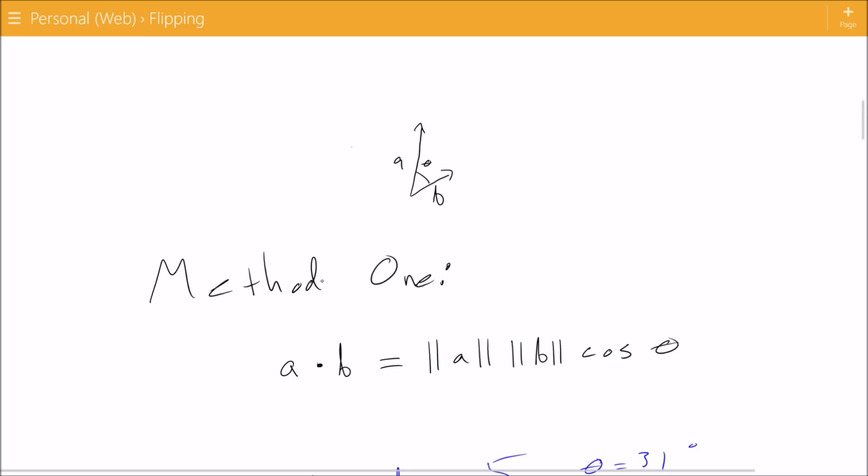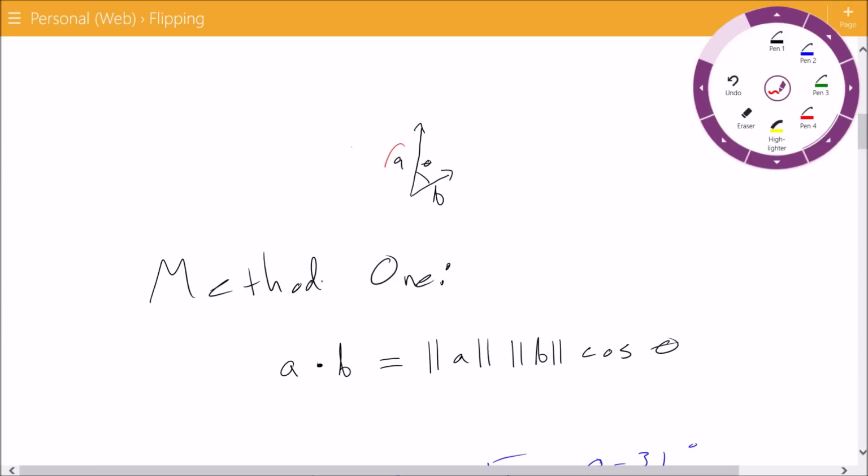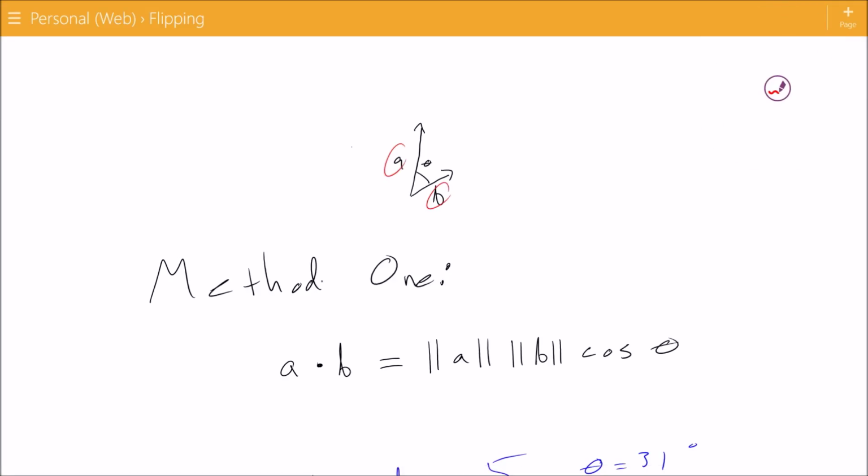So suppose I've got two vectors. I've got vector A and I've got vector B. What the dot product is, and it is written this way, A dot B, it's telling me that the dot product is equal to the magnitude of A multiplied by the magnitude of B multiplied by the cosine of the angle theta that is between the two vectors.